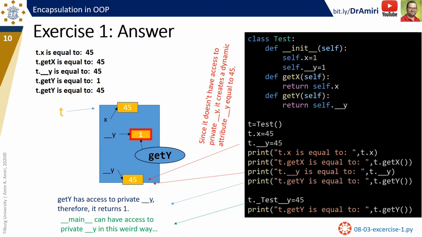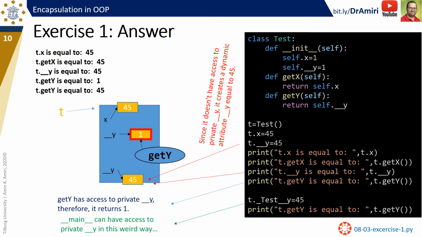If you try to call the method getY for the instance T, getY is not going to be aware of the dynamic attributes.